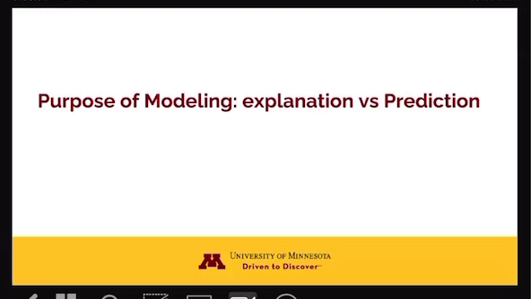There's a difference between explaining and predicting. The two are not the same. If the two are not the same, then we are going to have different metrics of evaluation assessing the adequacy of the model or the algorithm.